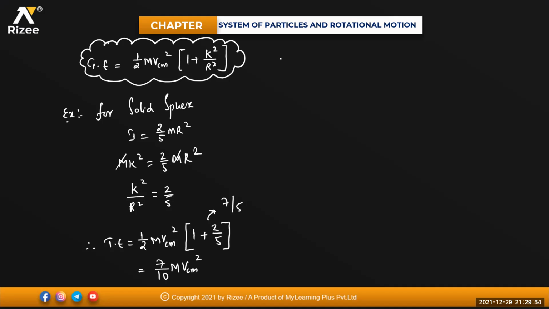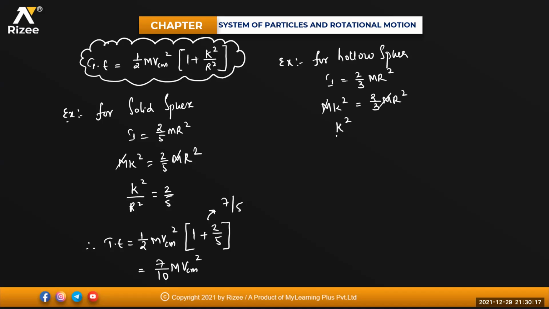Now, if I'm taking hollow sphere, beta, for hollow sphere, what is the moment of inertia? I is equals to 2 by 3 into m into r square, isn't it? So I will be equal to m into k square, that is equals to 2 by 3 m r square.